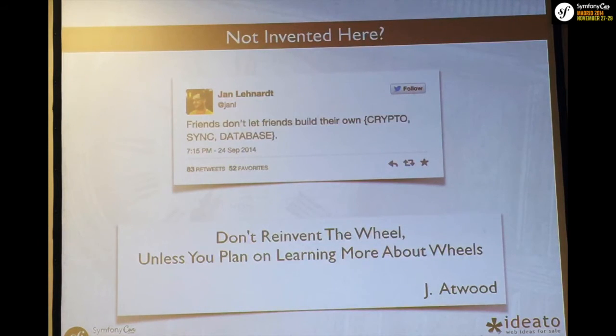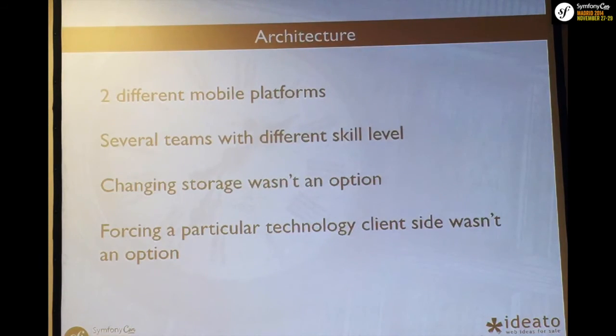Well, in our particular context, since we needed to target 2 different platforms, iOS and Android, and we had several teams with several skill levels, in particular on the mobile application development side, it wasn't really a viable choice, changing the storage, like changing maybe MongoDB for Couch or Riak, and forcing a particular technology on the client side, again, wasn't an option because there were several teams and it wasn't possible.